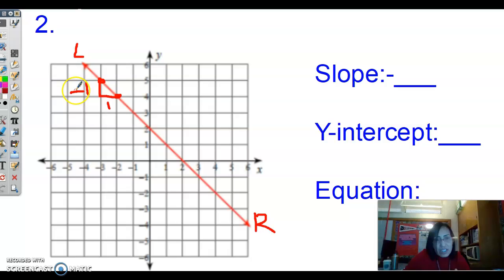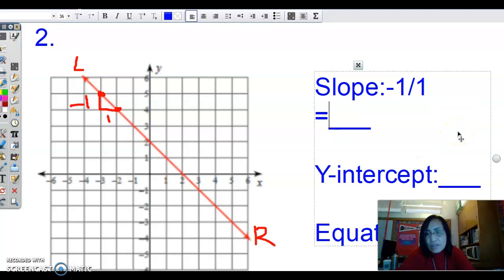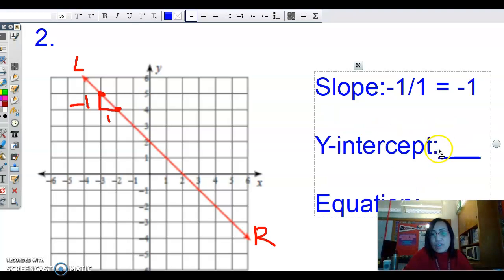So the rise is negative 1 and the run is 1. Now I have my slope. My slope is negative 1 over 1, which is the same as negative 1.